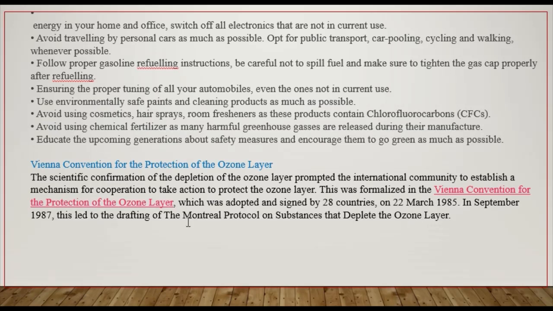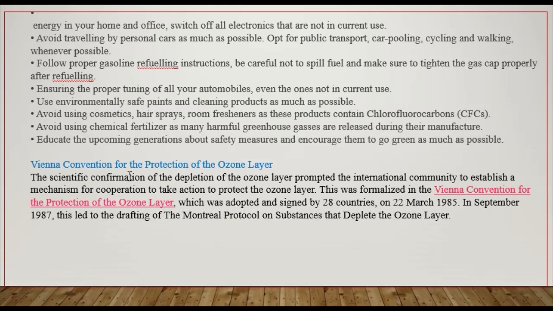Nowadays, we often see oil spills in the oceans, so we should try to avoid those. We should ensure turning off all automobiles when not in use. We should use environment friendly paints, and we should avoid using cosmetics, hairsprays, room fresheners, all those products. And we should also avoid harmful chemical fertilizers which release greenhouse gases.